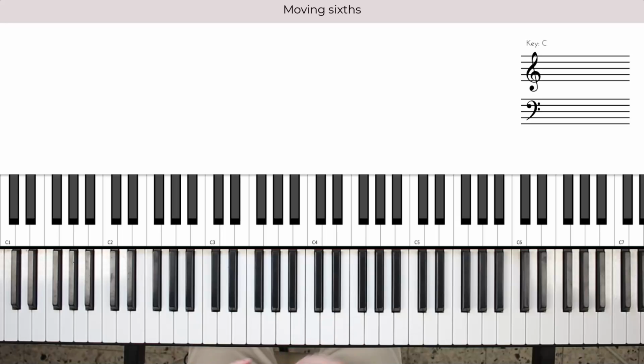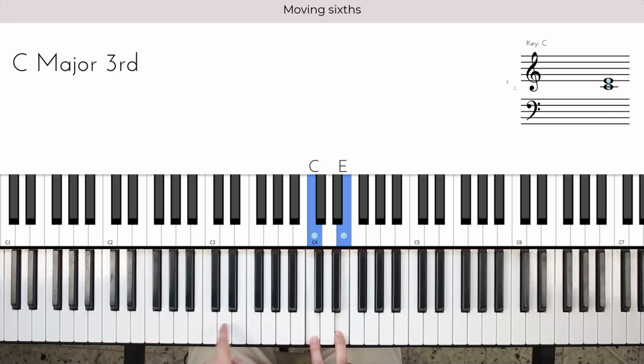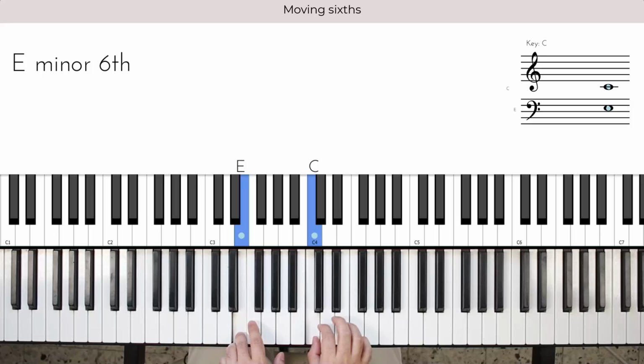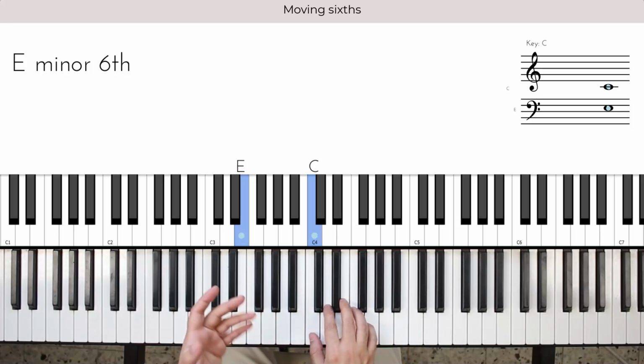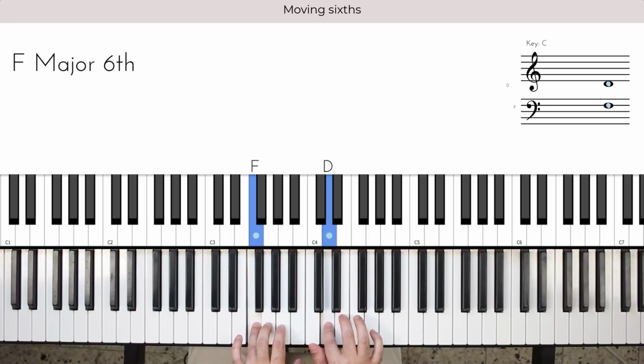Now we can take variations of this kind of motion. Remember what we did is we dropped the lowest note down an octave. We can also drop the highest note up an octave, which gives us a minor sixth, or a sixth more generally because it's going to change between a minor and a major, and move it up.